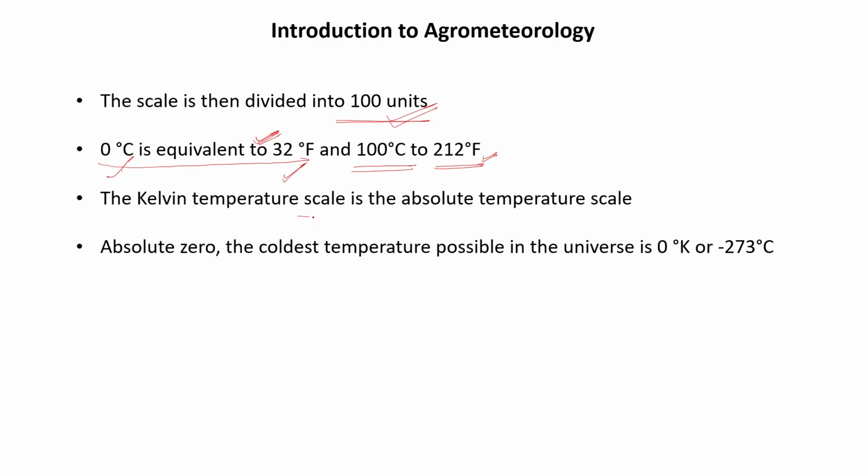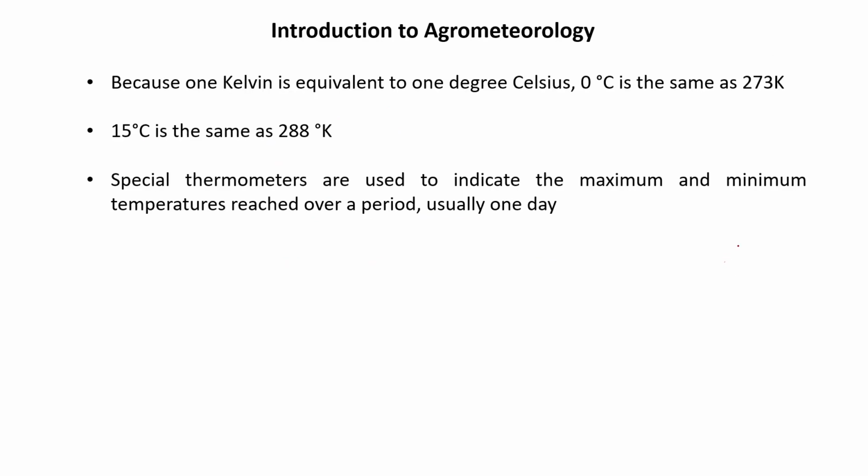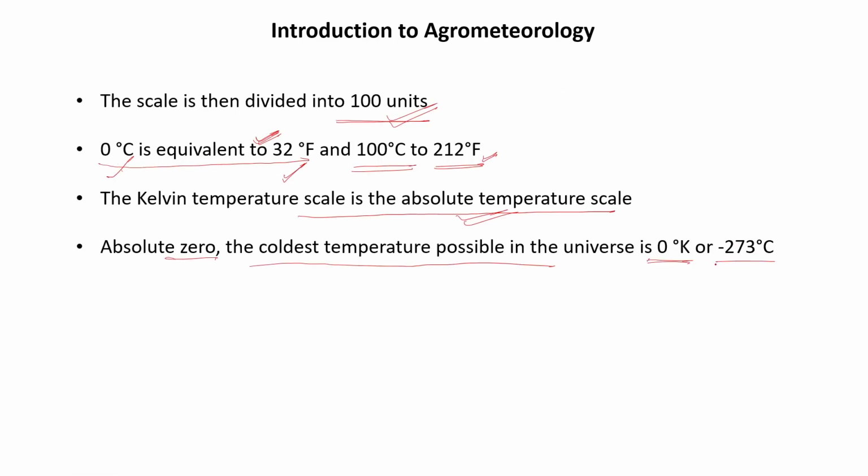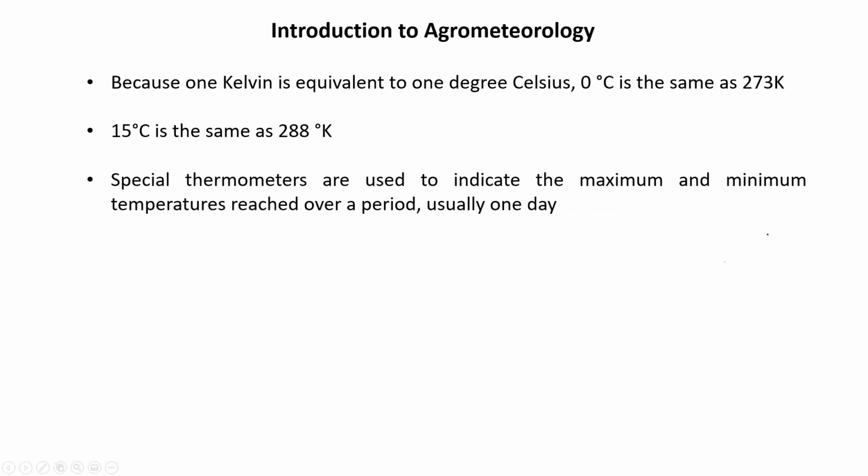The Kelvin temperature scale is an absolute temperature scale. Absolute zero, the coldest temperature possible in the universe, is 0 degrees Kelvin or minus 273 degrees Celsius, because 1 Kelvin is equivalent to 1 degree Celsius.